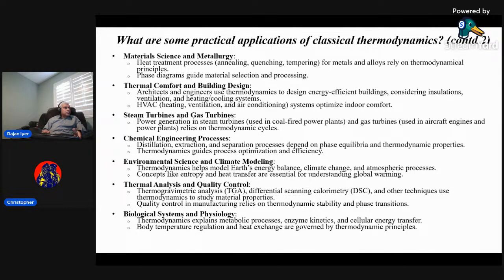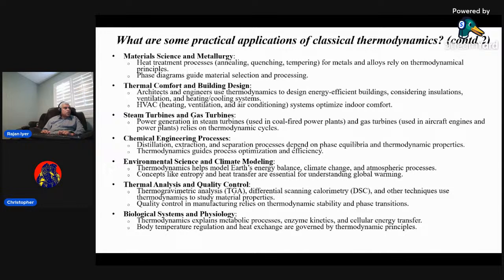Thermal analysis and quality control: thermogravimetric analysis, differential scanning calorimetry. There are specific things that are used to understand material properties, to make things better, and also to solve certain problems, like in transportation systems, things like that, or in home appliances. They all come into the picture.